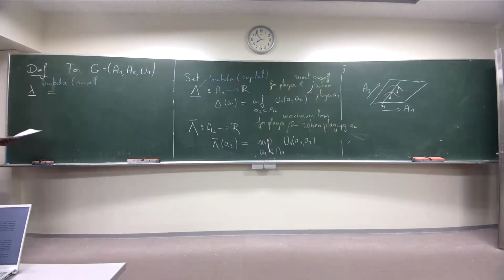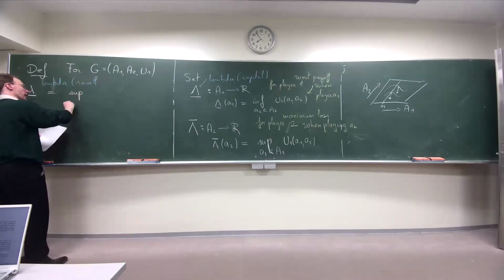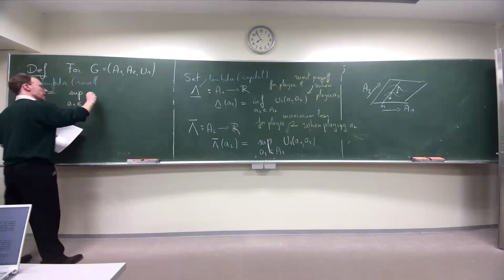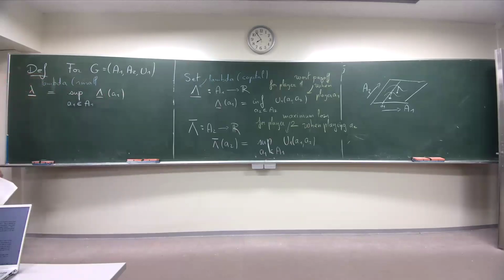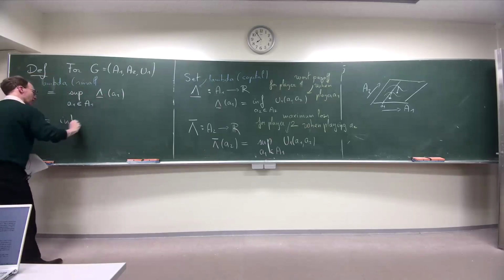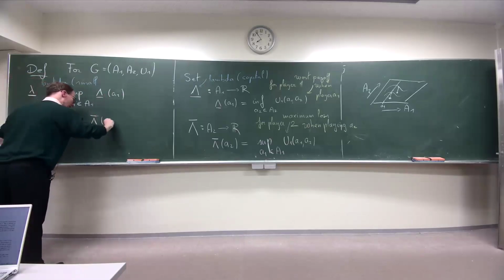I define underline small lambda as a sup over A1 in A1 of this one, and the other one is inf over A2 in A2 of this one.